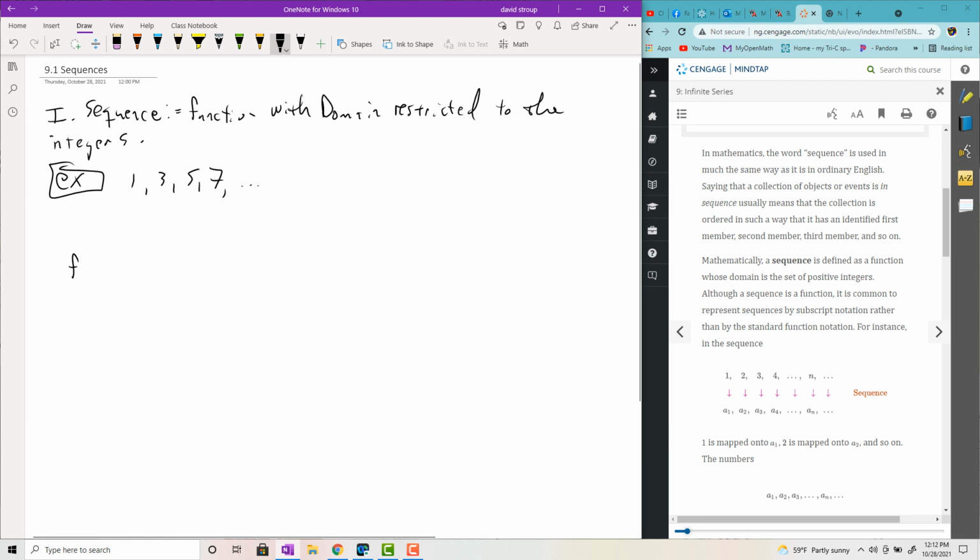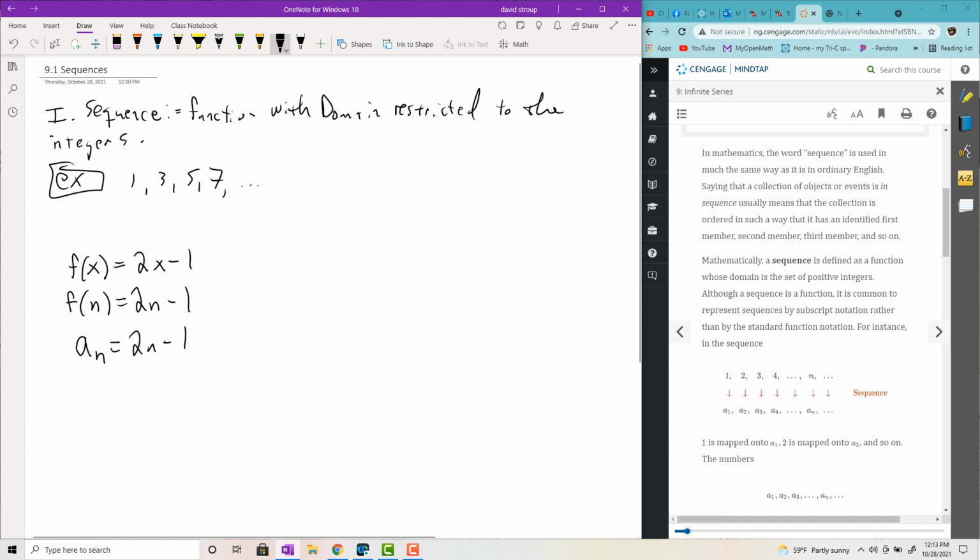Well, you could say f of x in this case equals 2x minus 1. But we're not going to use x. In order to indicate that we're working with the integers, we'll use a letter n. But we're not going to write f of n. We're going to write a sub n equals 2n minus 1.